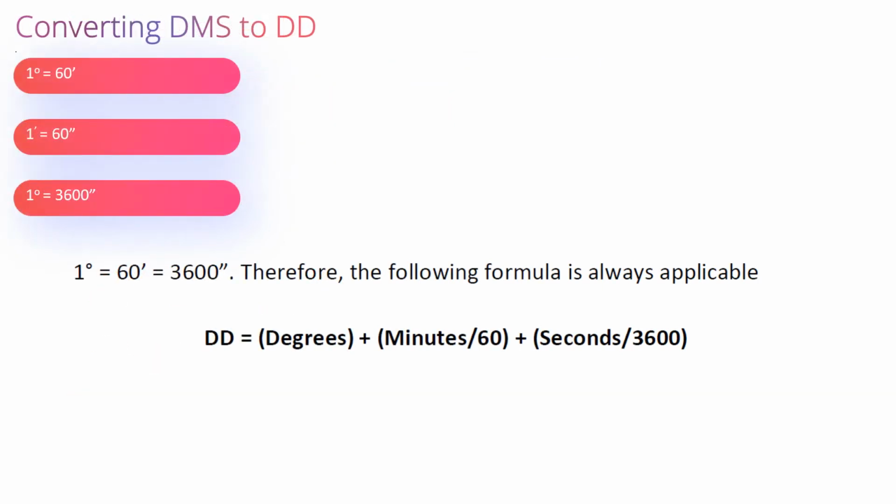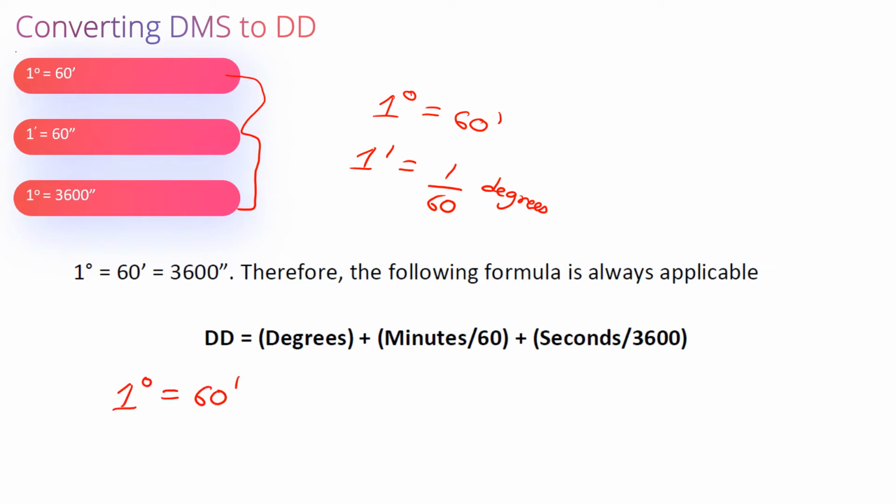So we can convert DMS to decimal degrees and vice versa, because we have these conversion factors. 1 degree is equal to 60 minutes, so 1 minute is equal to 1 by 60 degrees. In a similar fashion, 1 minute is equal to 60 seconds.